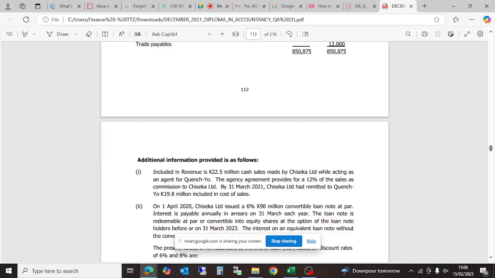So in our income statement, our sales commission will be 12% of the cash sales that the agency was directly involved in.